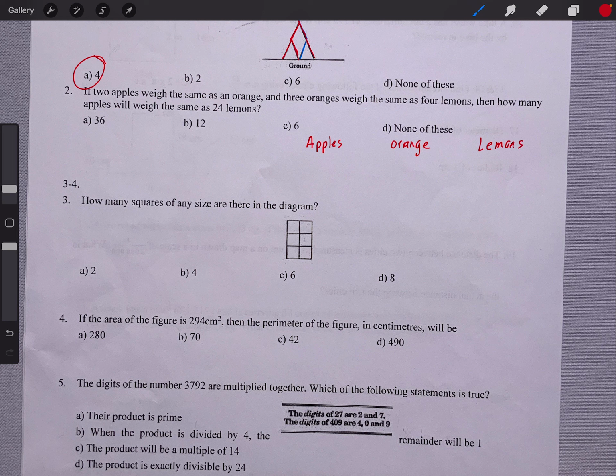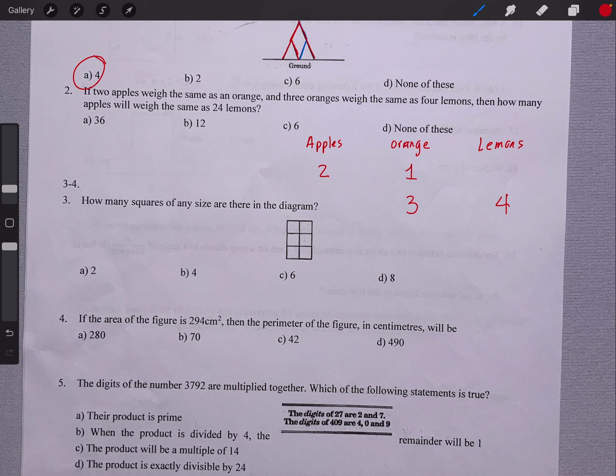So 2 apples weigh the same as 1 orange. Now it says 3 oranges weigh the same as 4 lemons. How many apples weigh the same as 24 lemons?